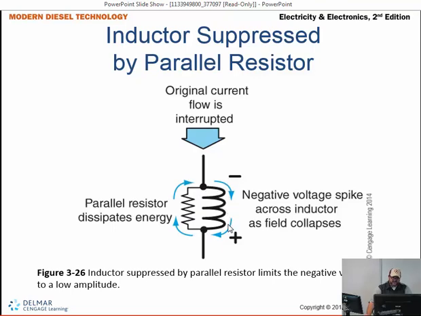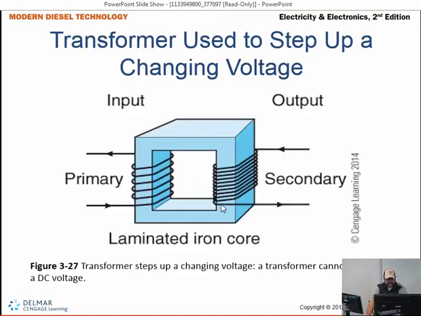Then when that field collapses, just like on that last slide, it's going to flow through this resistor and back to itself rather than seeking ground up here or down here. So that's how we manage that current, okay.